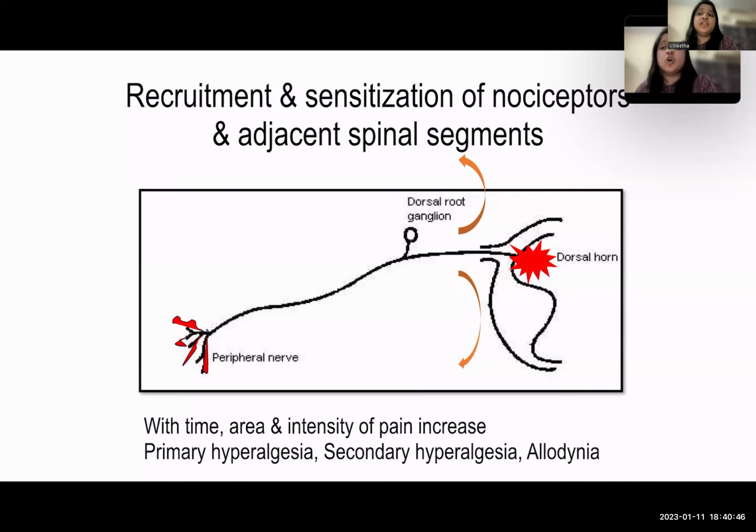Allodynia is commonly seen in neuropathic pain conditions, in any condition with central sensitization like fibromyalgia, or even in cancer patients when there is a lot of central and peripheral sensitization, we see even touch becomes painful.